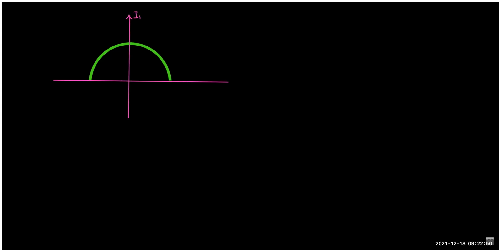So what is the value of Inought? Take the radius as R. So the first question is, can you find the I nought? I think we have done this already, but still.